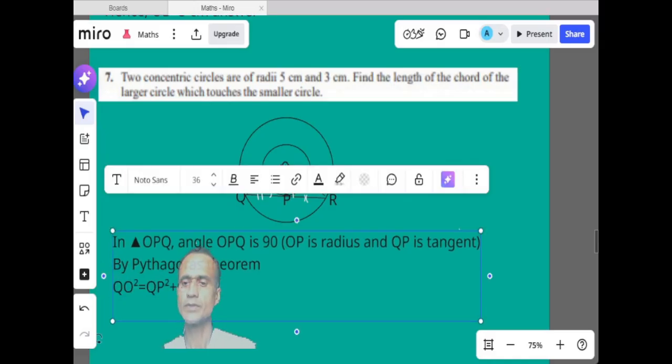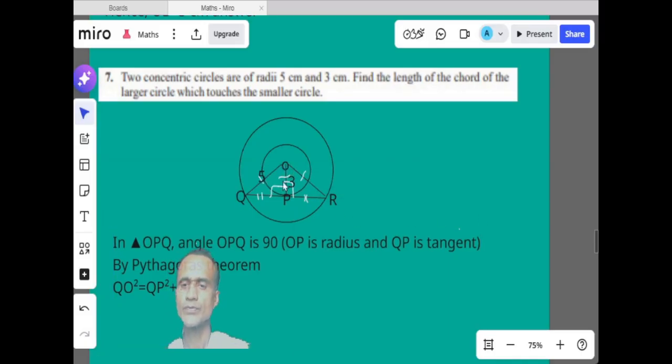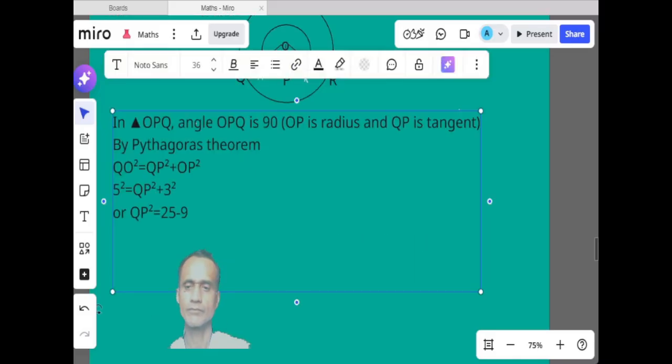So from the Pythagoras theorem we get QO is 5, OP is 3. We need to find QP. So input the value of QO equal to 5 and OP equal to 3.